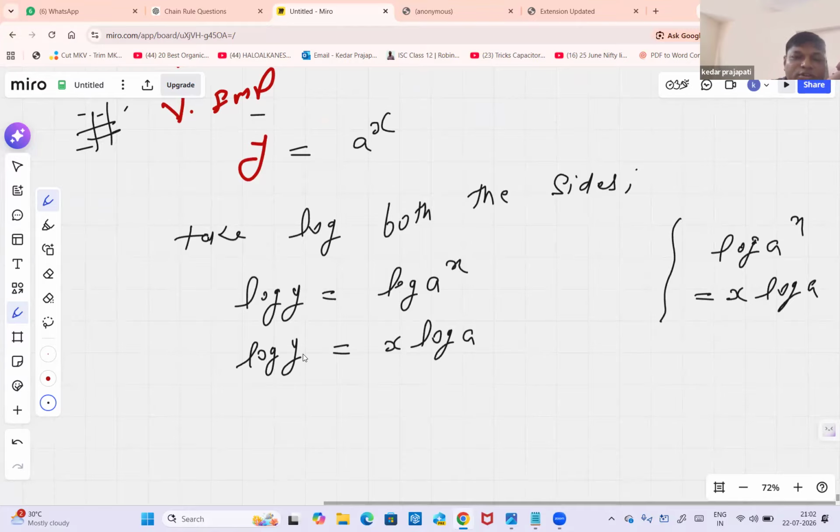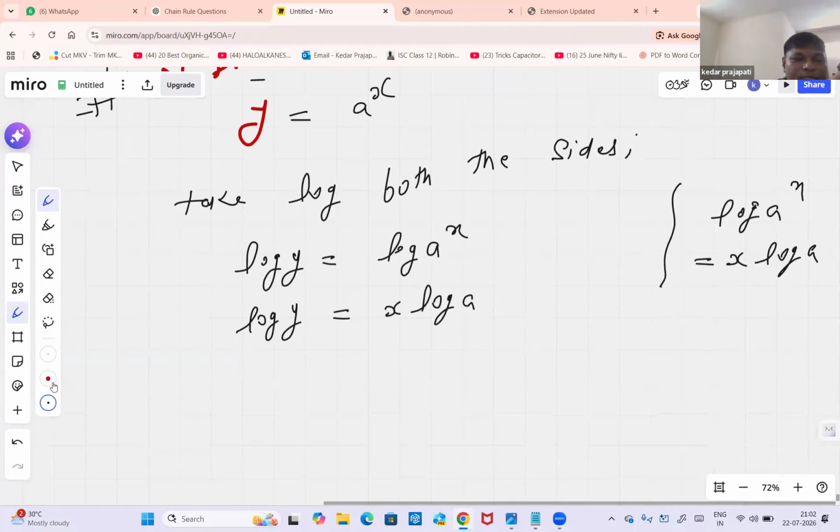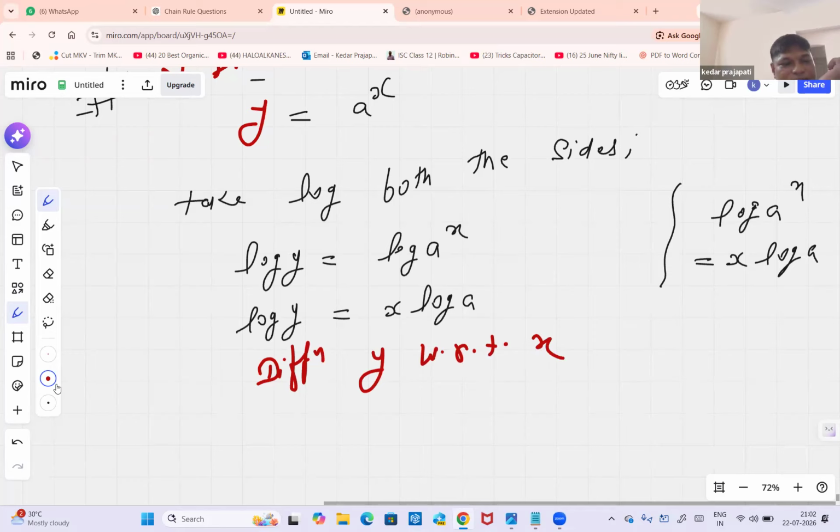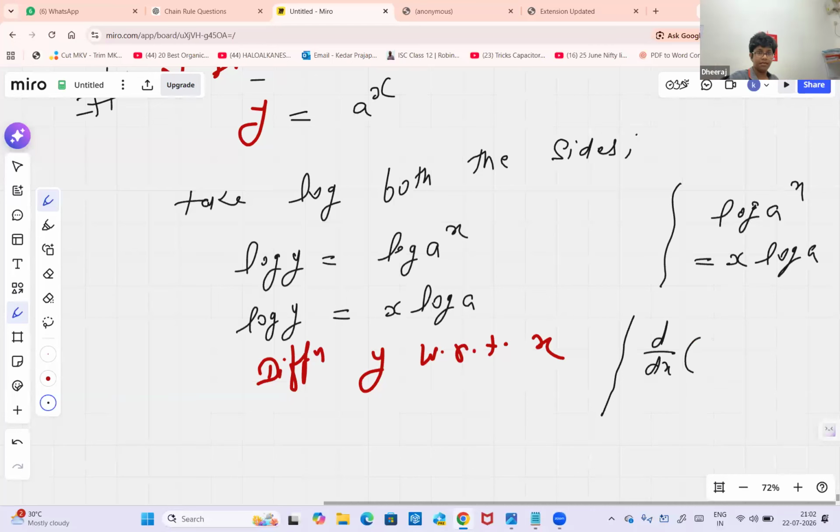Now you will be writing in the exam, differentiating y with respect to x. What is d by dx of log x? I have not taught you yet. This is 1 by x.